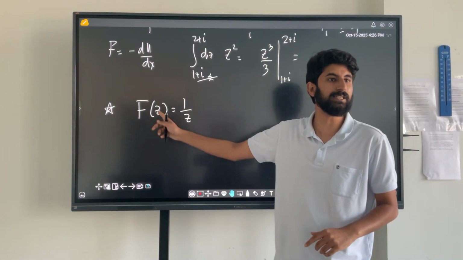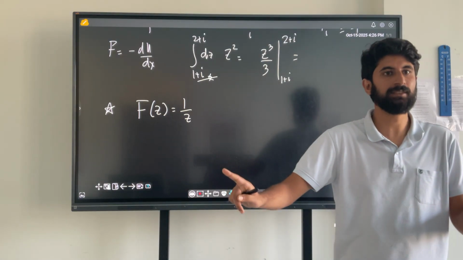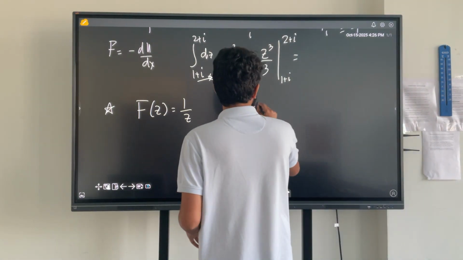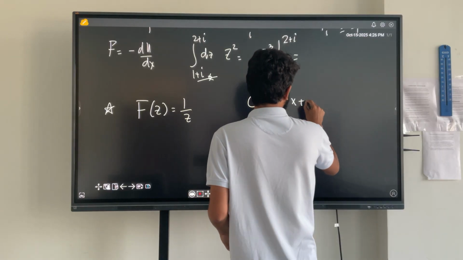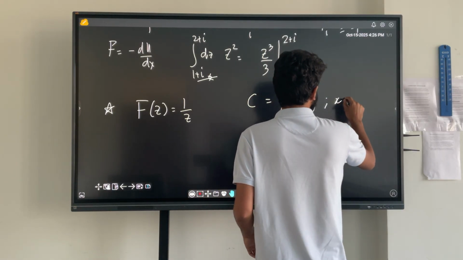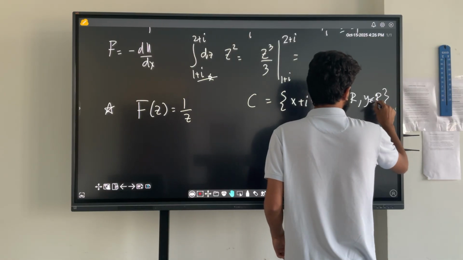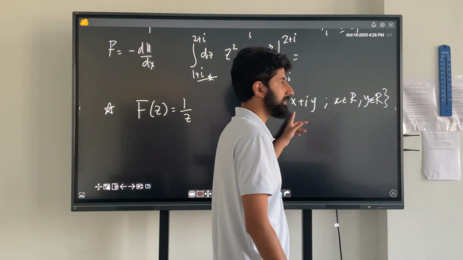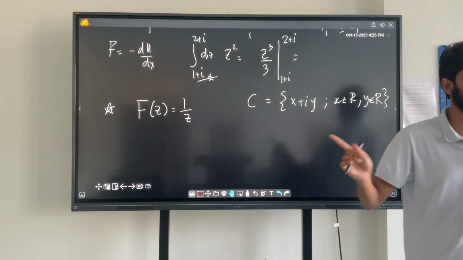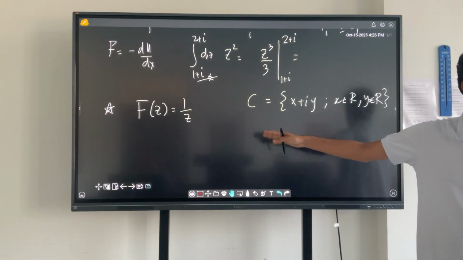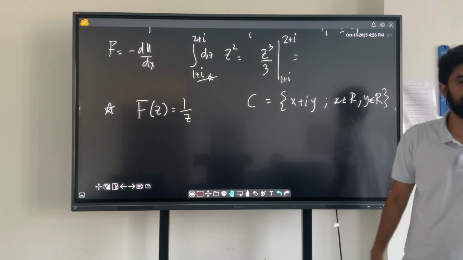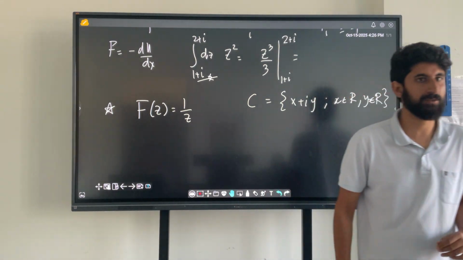If I think of this as a function from complex plane to complex plane, how did I define the complex plane? It is x plus iy, such that x is real, y is real. So if x is infinity or y is infinity, that point is not in the complex plane. So this function is in fact not defined for z equal to 0.